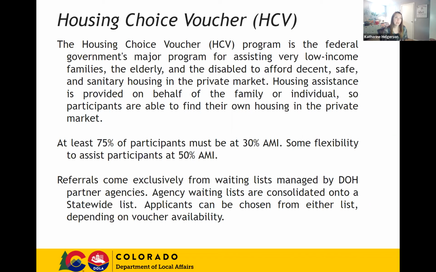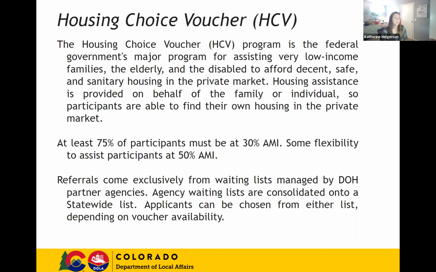And that's key. That's using the voucher to sort of get folks not into a public housing unit or a unit that's set aside just for people who are low income, but to sort of mix everyone into the larger community and to rent in the private market.